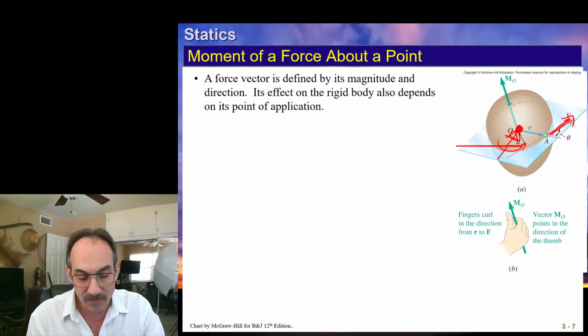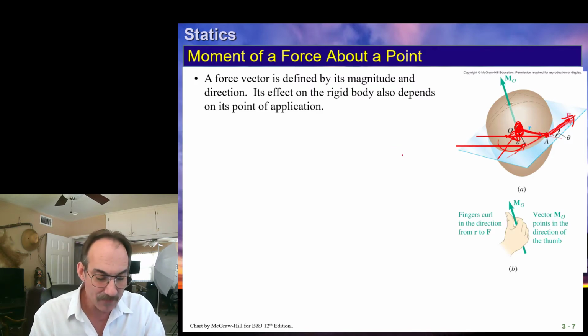We're going to find out that the moment is just this: if we want to know how much rotation about a point, we take the vector from that point to any point along the vector. Now, in this case, we've just picked a point on the vector. Here's the line of action of the vector. Pick any point and write what that R is.